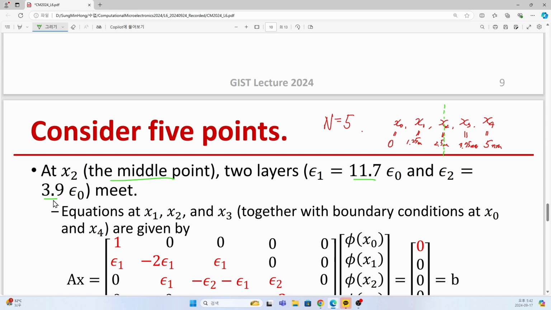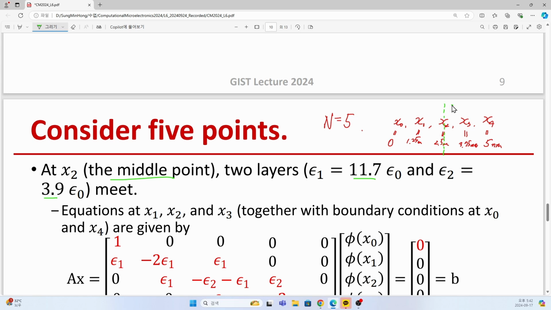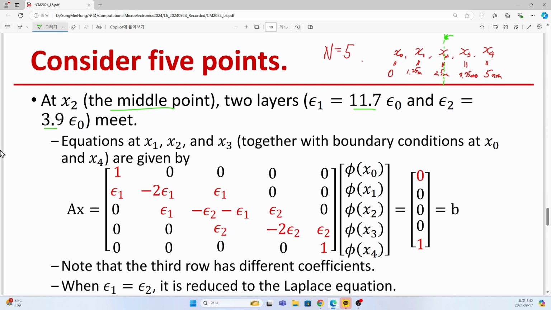So this, everybody can understand this point will be quite special. Now let's try to collect equations at x sub 1, x sub 2, and x sub 3. Why don't we care about x sub 0 and x sub 4?